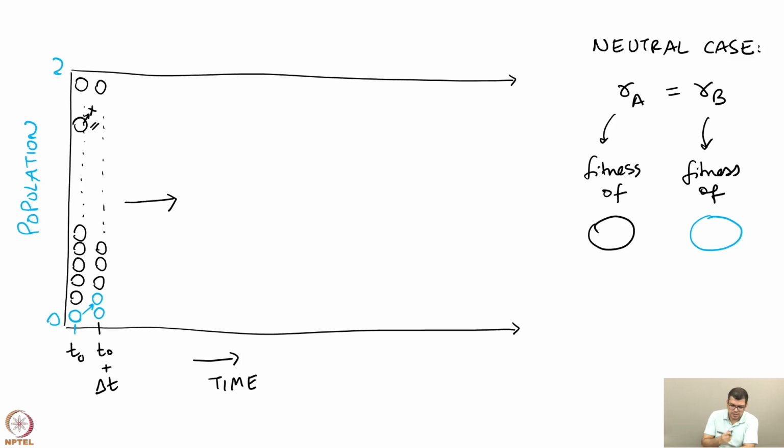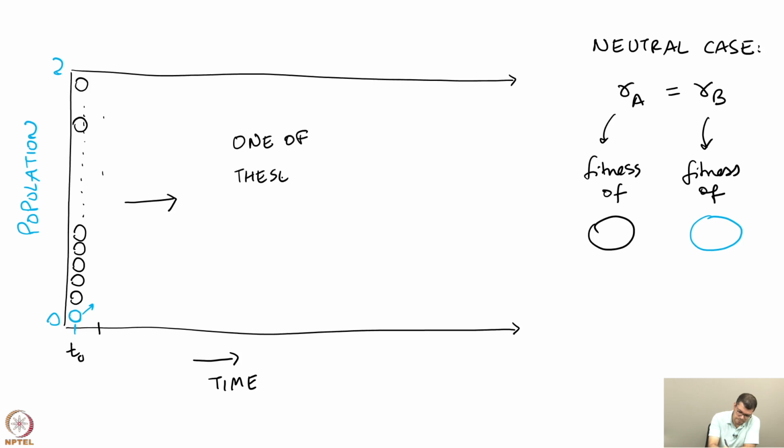But this is how the system is going to move forward, and eventually the fate of this system is that one of these individuals is going to take over the population. If we remove this t naught plus delta t from our analysis and go back to time t naught, the fate of this game is the same as the fate of the marbles in a jar game, where one of these individuals takes over the population.